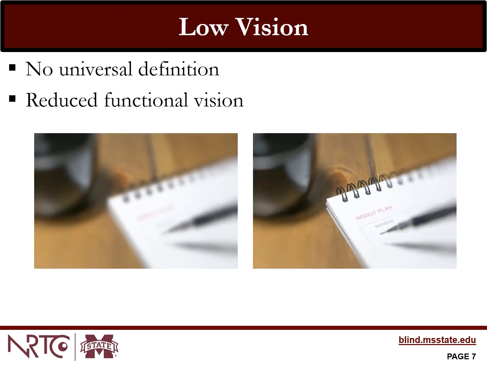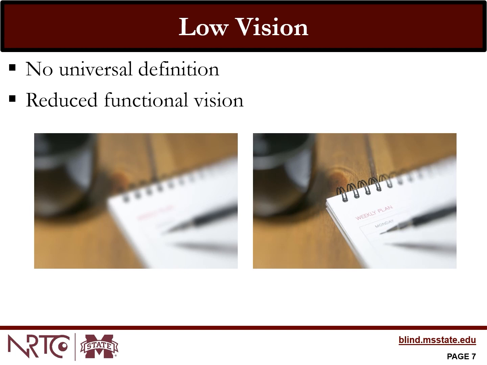Low vision refers to a vision impairment that is not correctable through surgery, pharmaceuticals, glasses, or contact lenses. While no standard exists for the definition of low vision, many agencies consider 20/70 to be the threshold for receiving services due to vision loss.